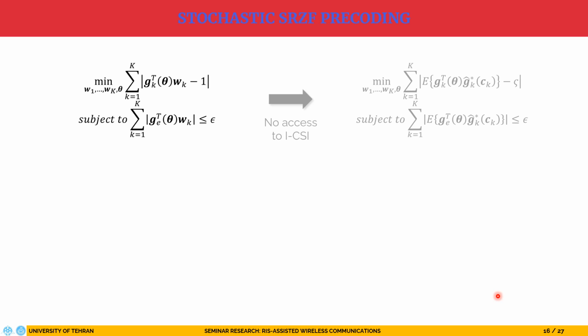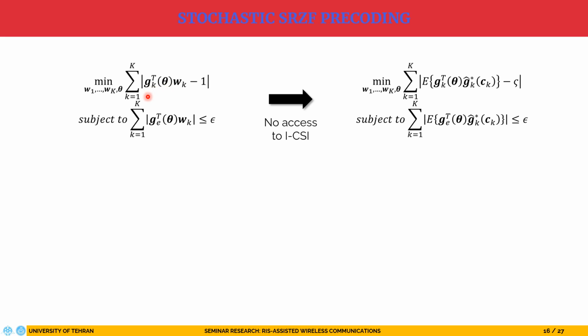The optimization would be like this: minimum of the sum of GK theta, which is the sum of the direct channels and effective channels, multiplied by WK, minus 1.